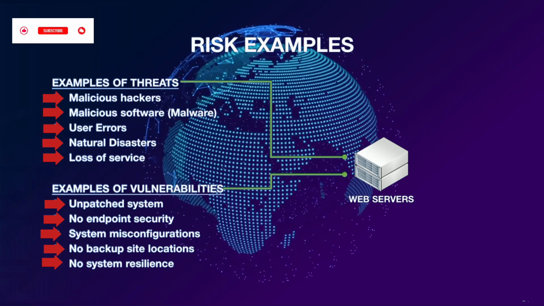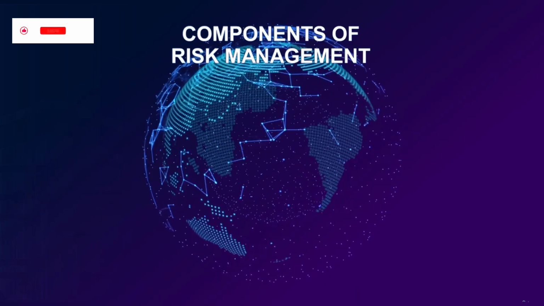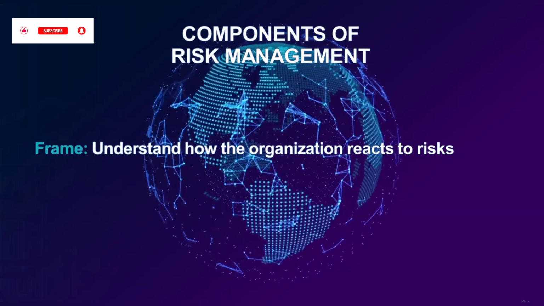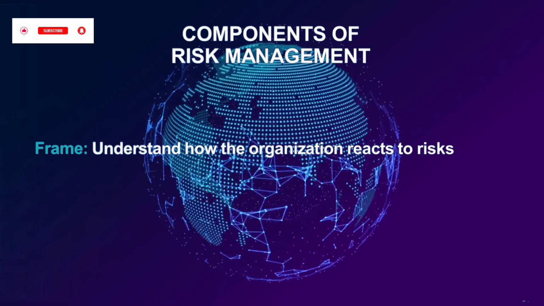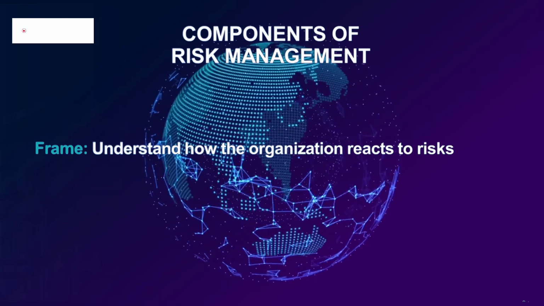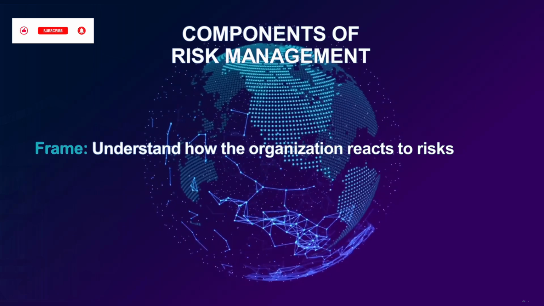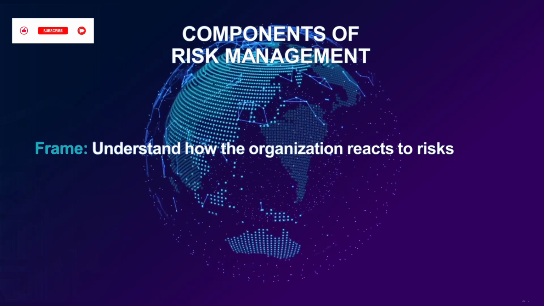When we have a risk management strategy, we want to address how the organization plans on executing the risk management process, and also understand that not all organizations are going to be the same. Not everyone is going to do the same thing. Not everyone is going to have the same threats. Not everyone is going to have the same vulnerabilities. So risk management is very much going to be unique.